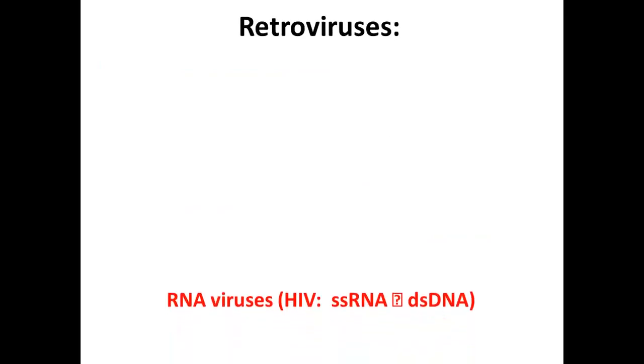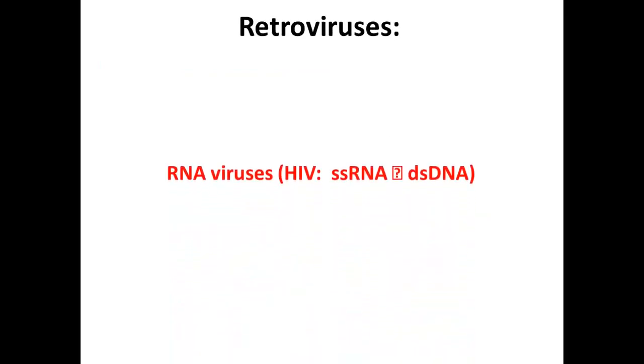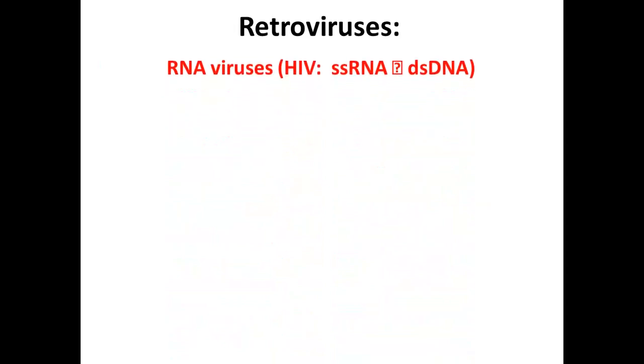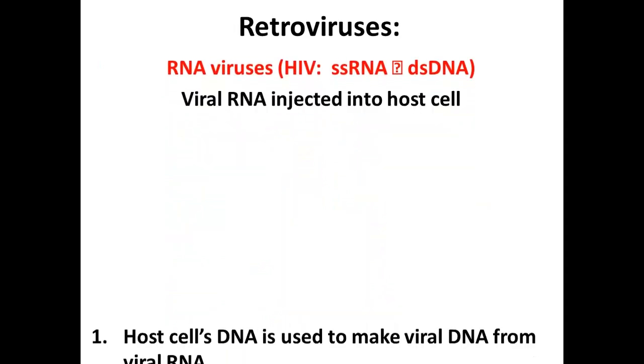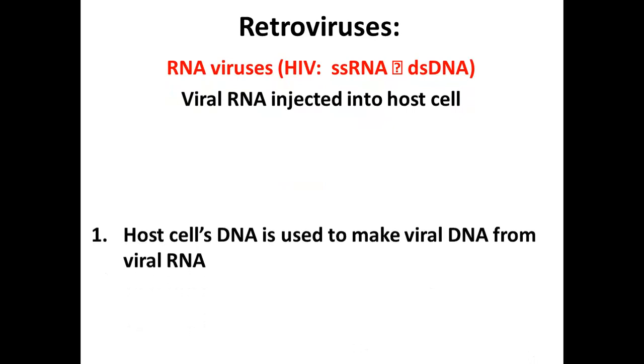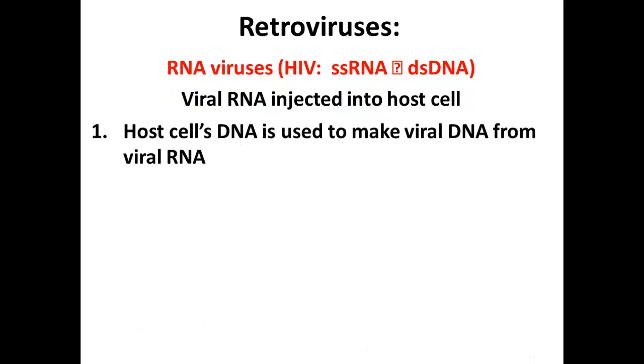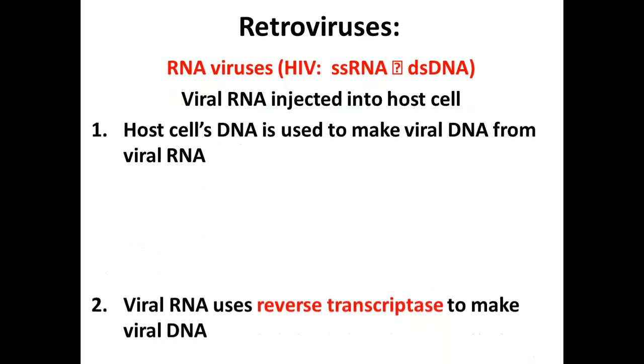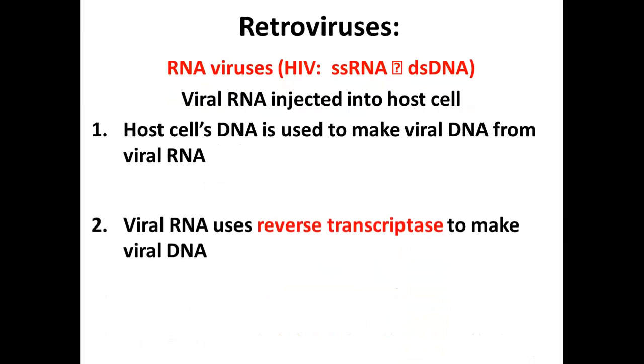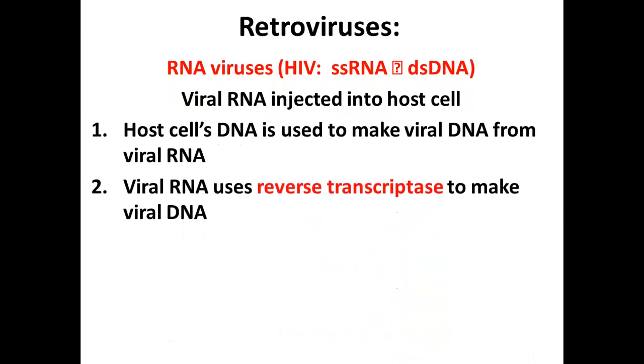Now, RNA viruses, as I told you, can be injected into the host cells. The host cell's DNA is used to make the viral RNA, and the viral RNA uses the reverse transcriptase enzyme to make the viral DNA.